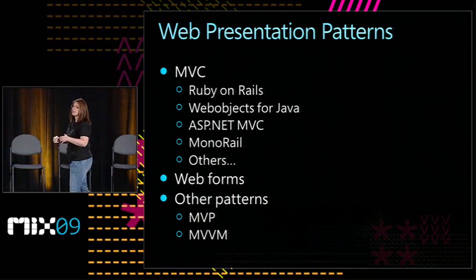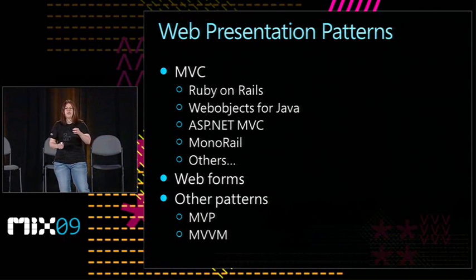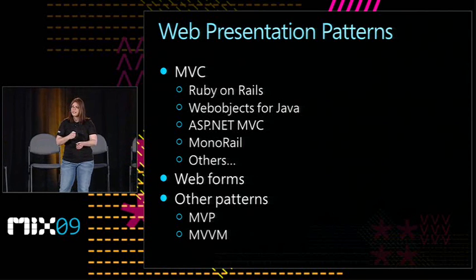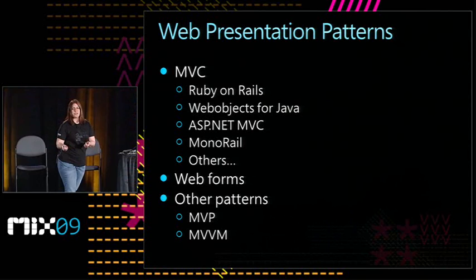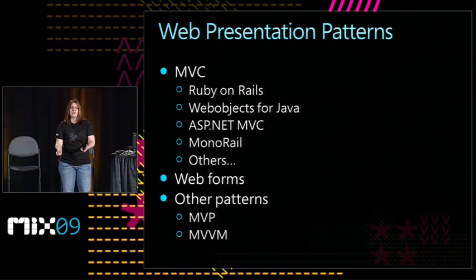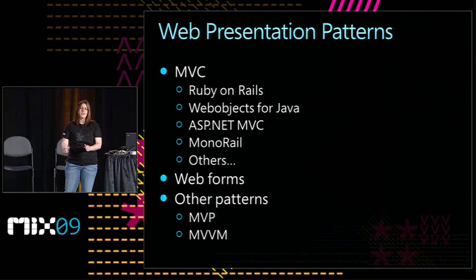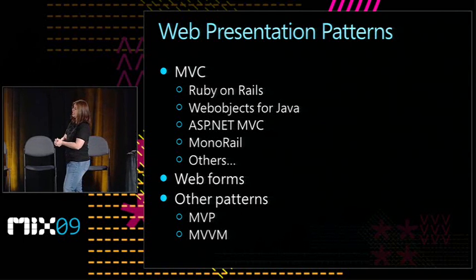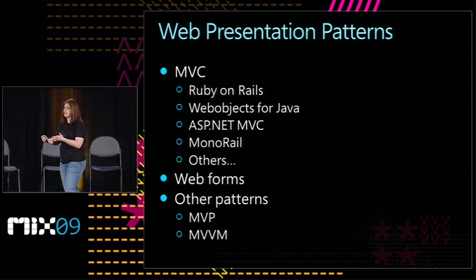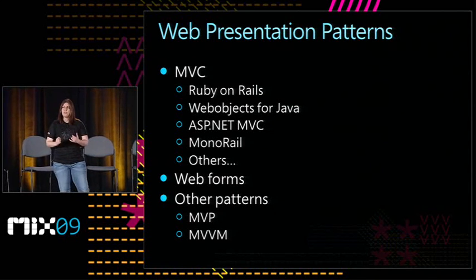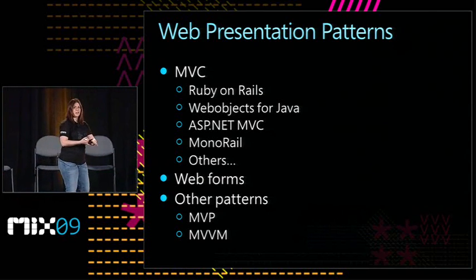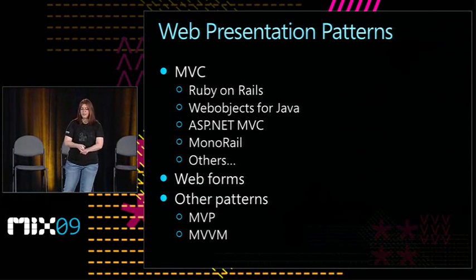Think about the data access pattern: opening a connection, grabbing data, data binding. Or for presentation, doing different things with presentation. In web forms, content, code behind, content, code behind is the presentation pattern there for web forms. MVC allows us to split it out into a more granular level of models, views, and controllers.